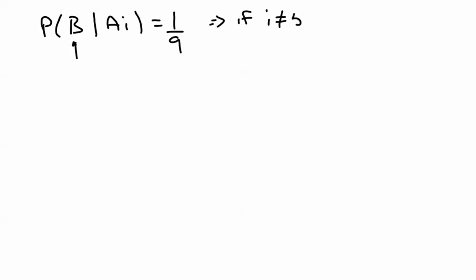Same example. The probability that I choose a 5 on the second draw, given that I was not 5, given that I is not 5 on the first draw, is 1/9.